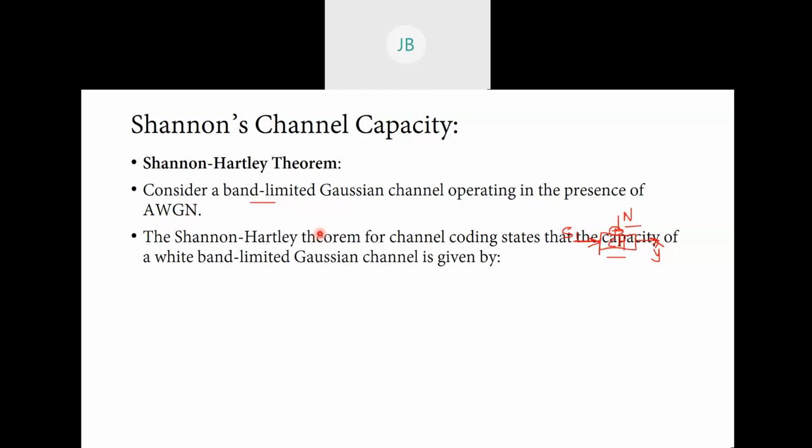Then the Shannon-Hartley theorem for channel coding states that the capacity of this channel is given by the bandwidth and log of 1 plus signal to noise ratio. So here, in this context, we need to find out the amount of information the channel can carry. That is given by the channel capacity.